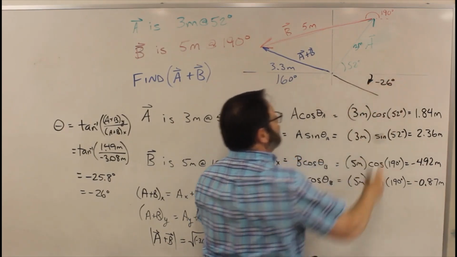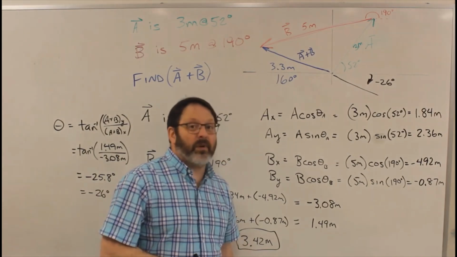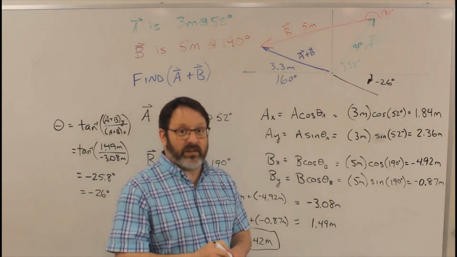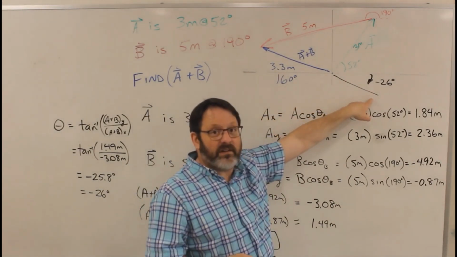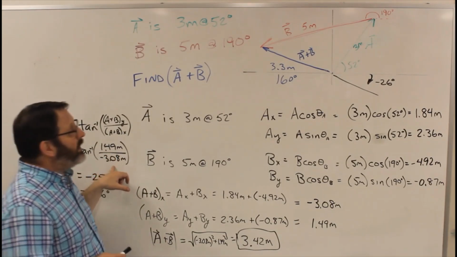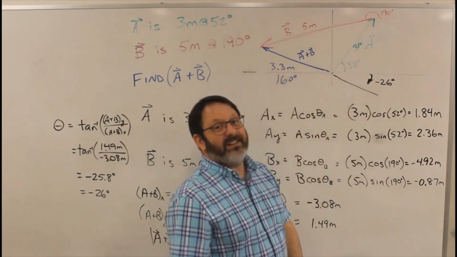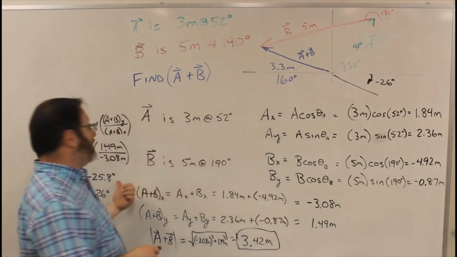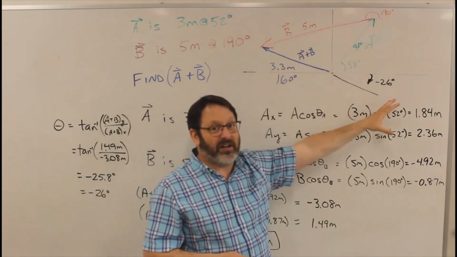Negative 26 degrees. That's the wrong answer. You have to be smarter than your calculator when you're doing these things. The tangent of negative 26 degrees is really this number, but the tangent of 180 more than that is also that same number. So it's really good to also draw it.